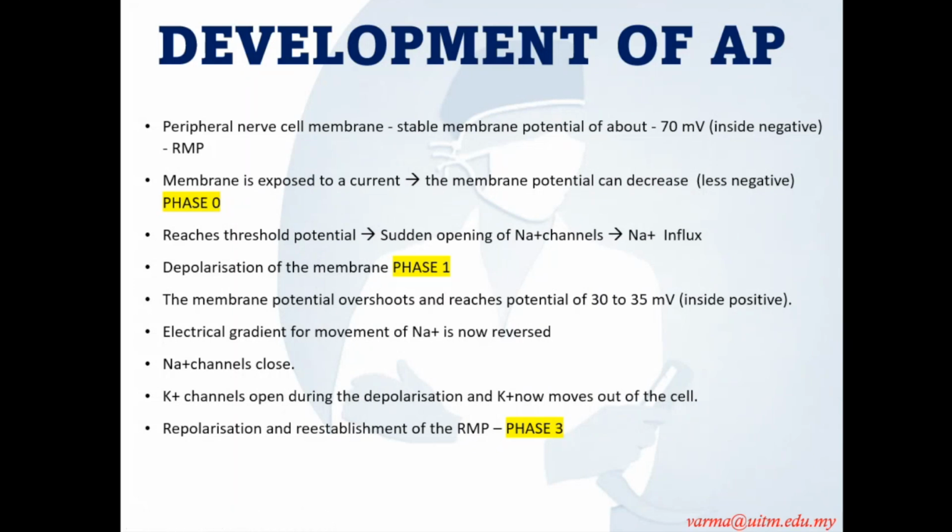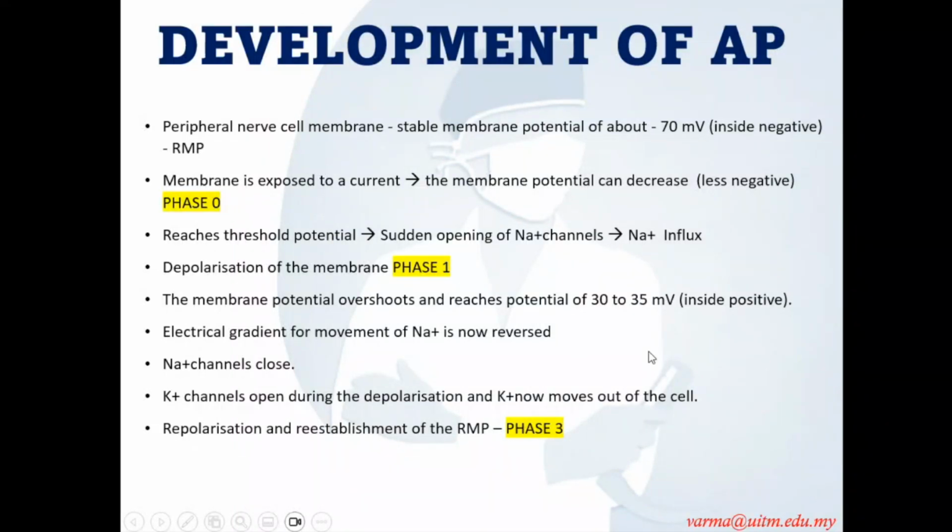The passive sodium channels open up. With higher concentration of sodium outside, there is sudden influx of sodium down the concentration gradient into the cell, causing depolarization of the membrane, phase 1. The membrane potential overshoots and reaches a potential of 30 to 35 millivolt, inside positive.